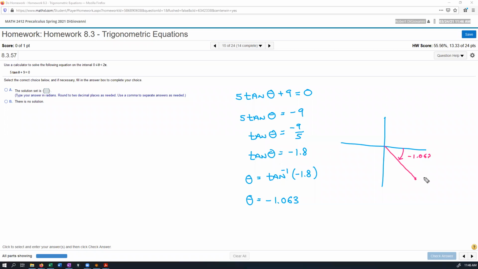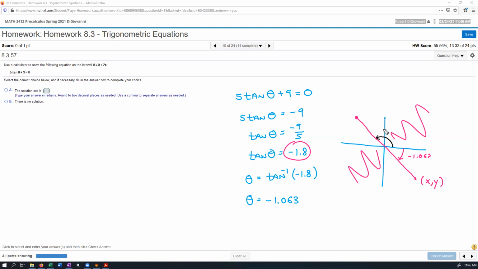If you take the y coordinate and divide it by the x, you get this number. There's another place that happens, directly across from it in this quadrant, because tangent's negative here also. So tangent can be negative there and there, and we need to figure out what that angle is from here to here.